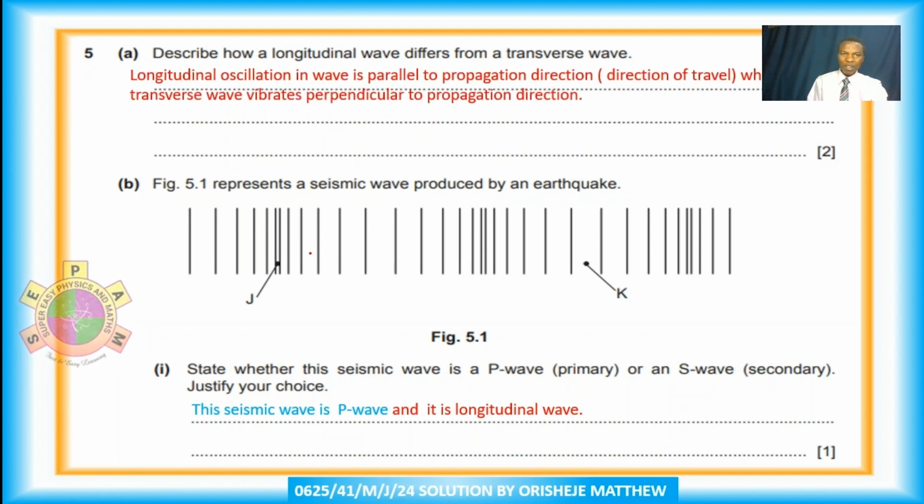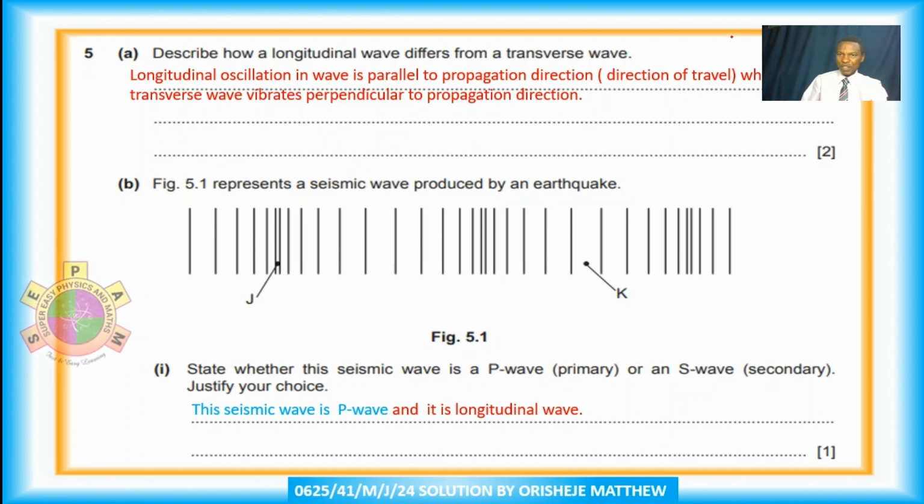Now, in a longitudinal wave, the oscillation is parallel to the propagation direction of the wave. So if the wave is traveling to the right, then the particles of the medium will oscillate left to right.